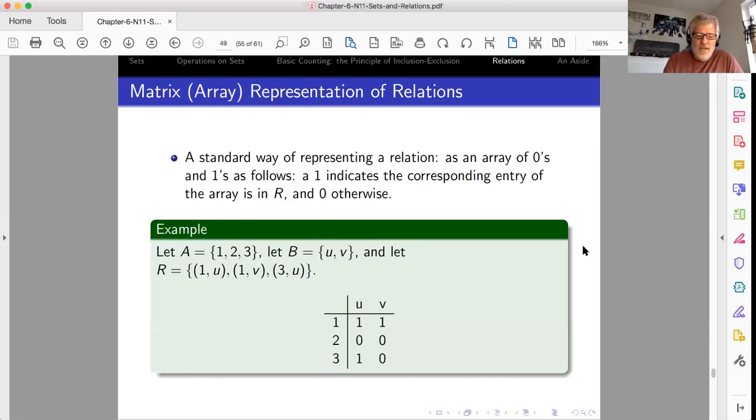Let's say that I have two sets, A and B. Here A consists of the elements 1, 2, 3, and B consists of the elements u and v. I took the relation which has 3 pairs: 1u, 1v, and 3u.